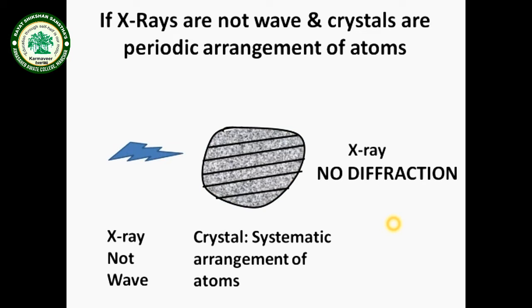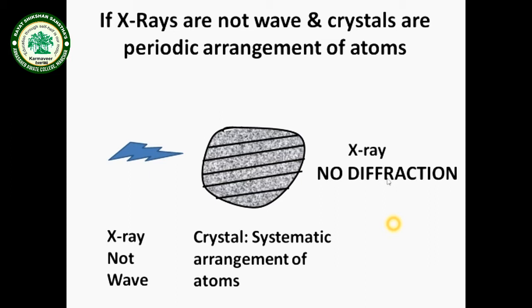On the contrary, if X-rays are not waves, while crystals are a very systematic arrangement of atoms, then also no diffraction will be shown by X-rays.